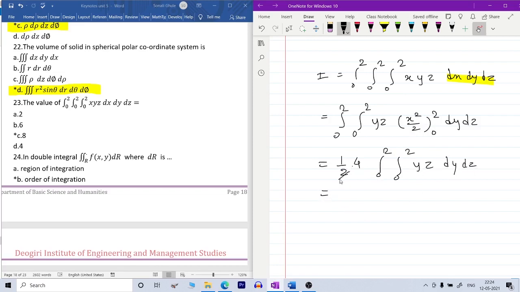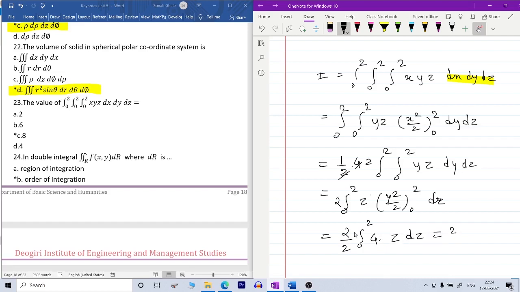Then after integrating with respect to y, integration 0 to 2, z constant, integration of y is y square upon 2, limit from 0 to 2 dz. Here it is 2 remaining. So twice of 0 to 2, this 1 by 2 we can keep outside, and applying limit 2 square, that is 4, 4 minus 0. So it is 4 z dz.